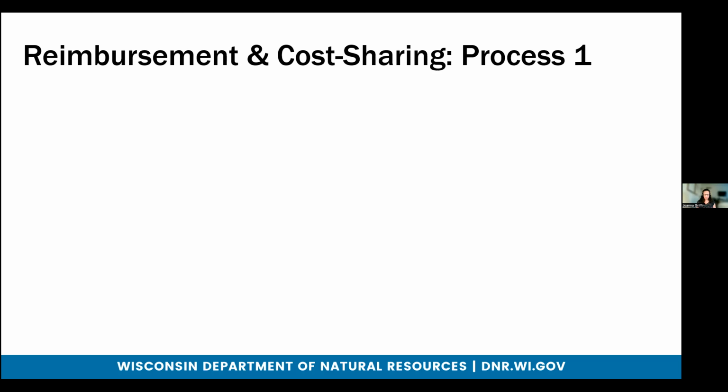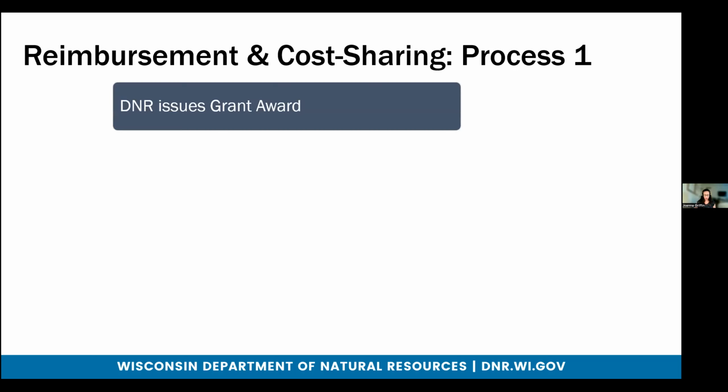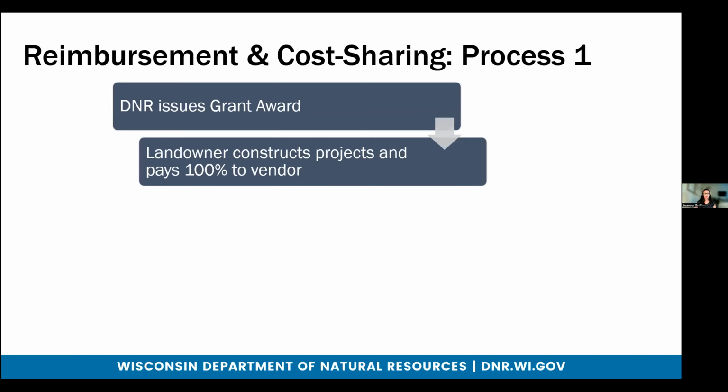So TRM is a reimbursement grant program. So this means that no money is provided by the state until money has been spent by the landowner to install BMPs. Under a typical TRM grant, DNR issues a grant award. The landowner spends the money to construct the project and then requests reimbursement from the grantee, which is typically a county.